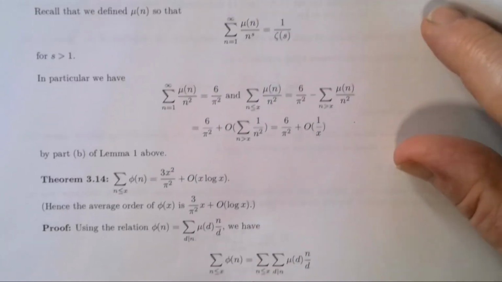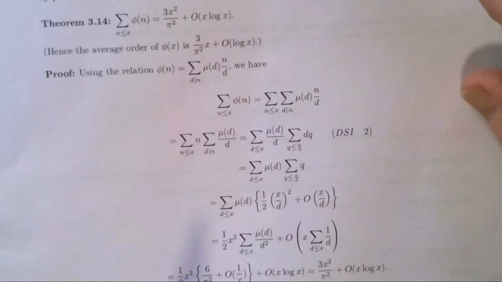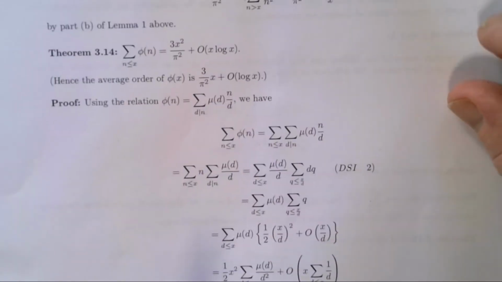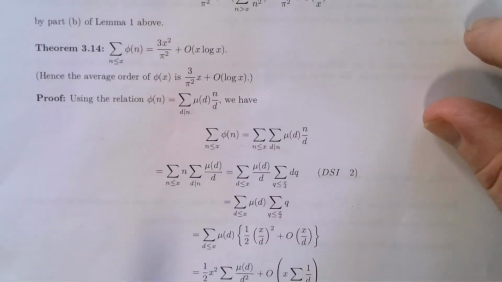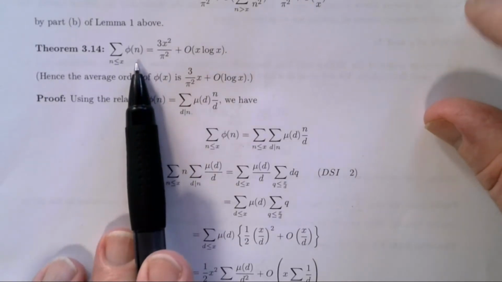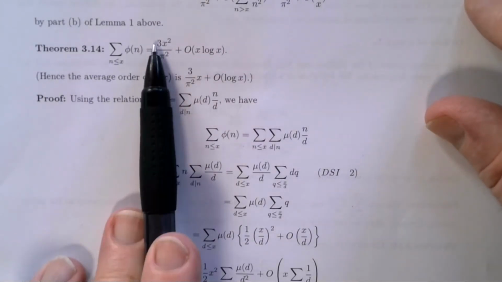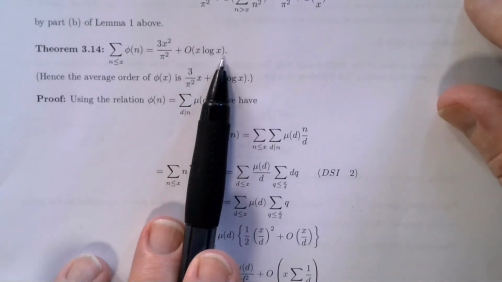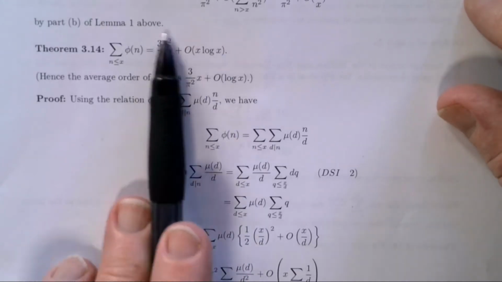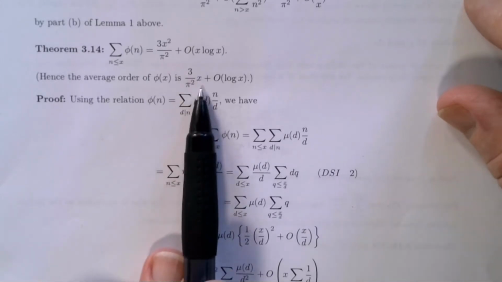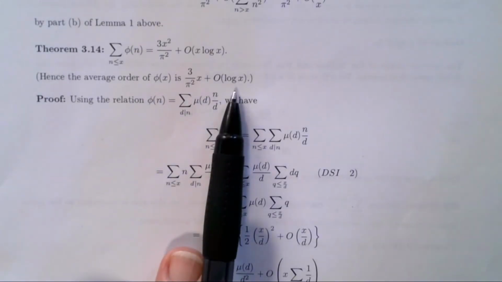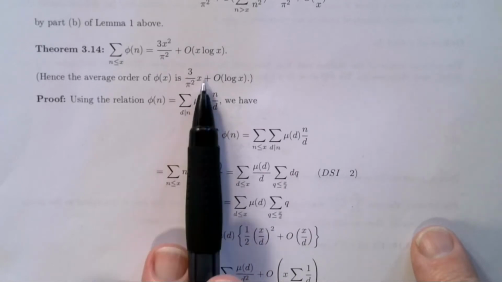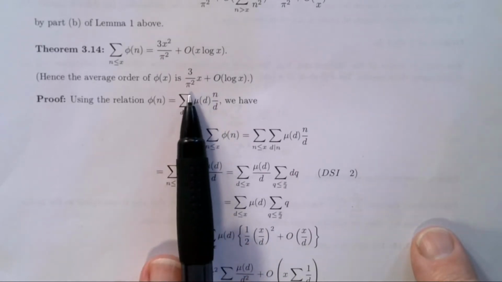Finally then we come to working out the order of the partial sums of phi of n, and this theorem tells me it's 3x squared on pi squared plus big O x log x. So once again the average order then, dividing this by x, is 3 on pi squared x plus big O log x, i.e. it's roughly linear, and the gradient is 3 over pi squared.